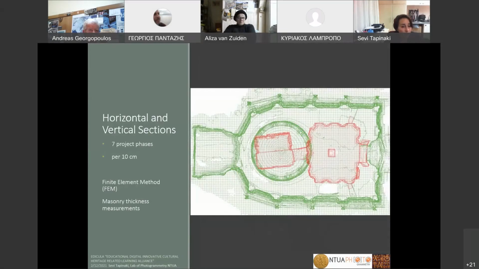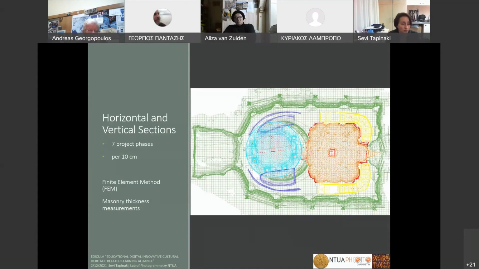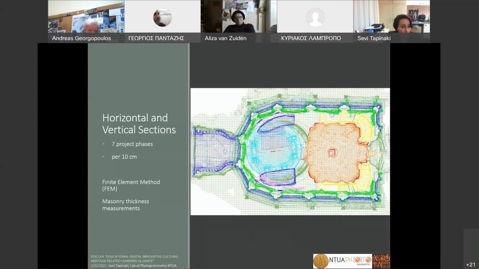These sections were used for the finite element method; they used these sections to create the model that they needed. And of course, they are very useful because anyone can make thickness measurements on them.